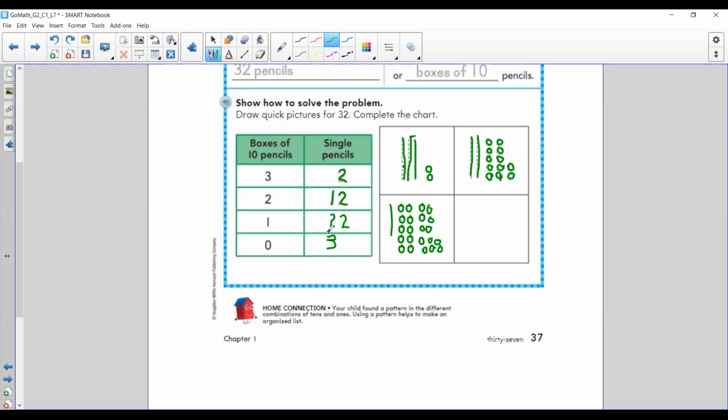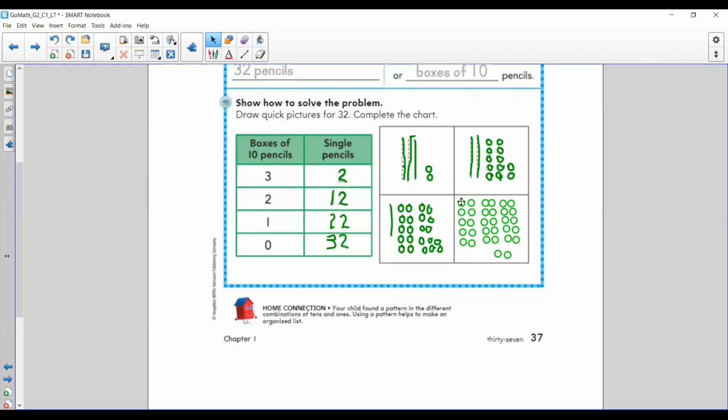And the ones increase by 10. Let's try to make that. We'll try one more time to make a good 2. There we go. Okay, and so now we've got to draw 32. That might take us a little while. So you may have to pause the video to draw those.